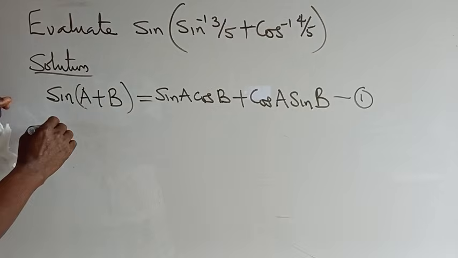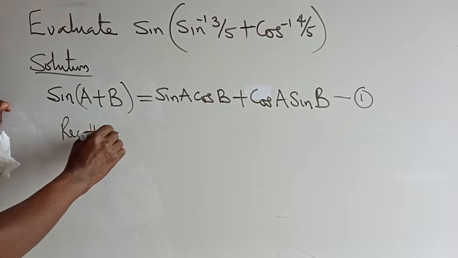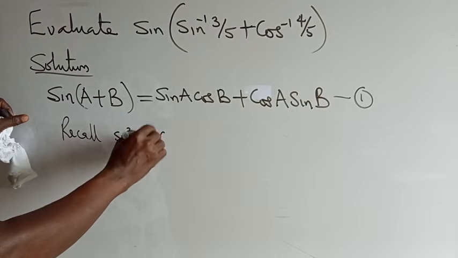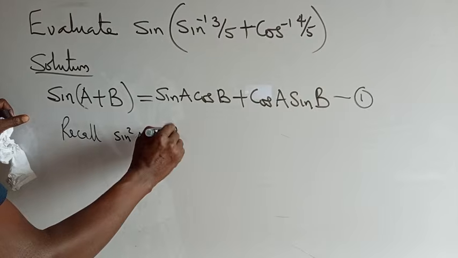How do we get cos A? Recall, sine square A plus cos square A is equal to 1.